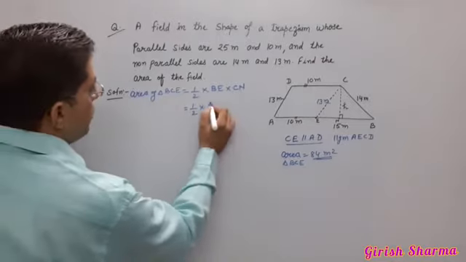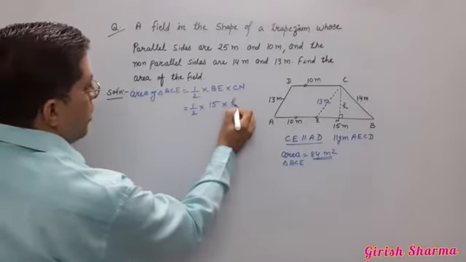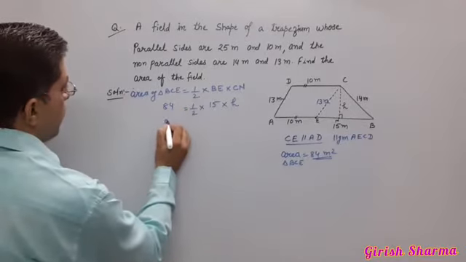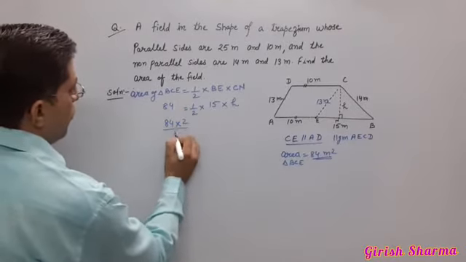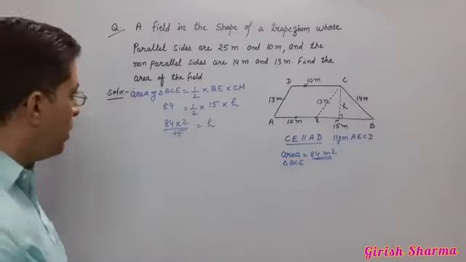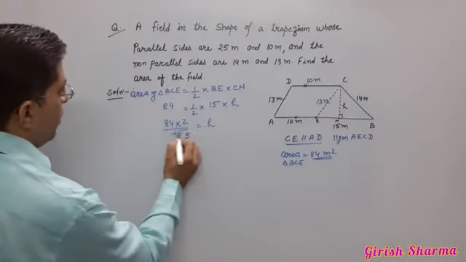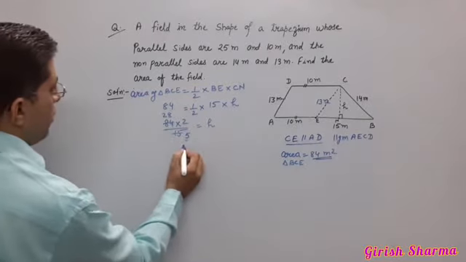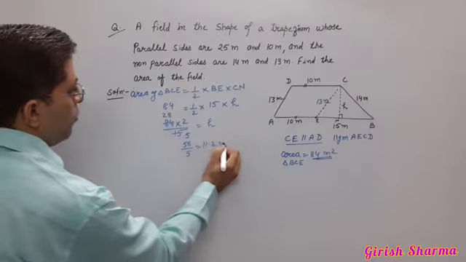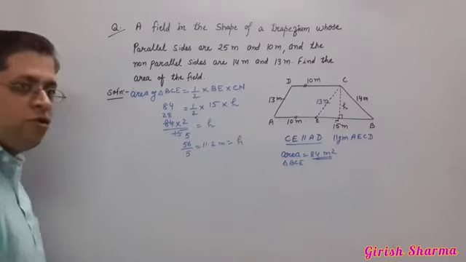Base BE is given as 15, CN is h, and the area we got is 84. Then 84 into 2 upon 15 is equal to h. By 3 you can cut, 3 5s are 15. This is 28, that is 56 upon 5, we can say 11.2 meter, that is h.